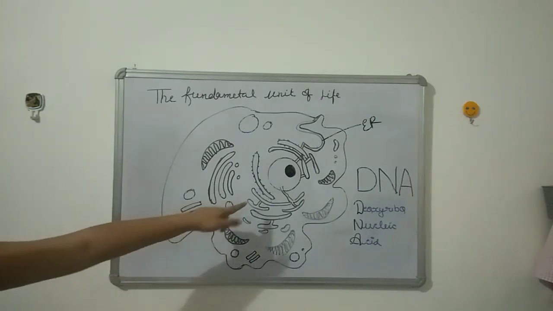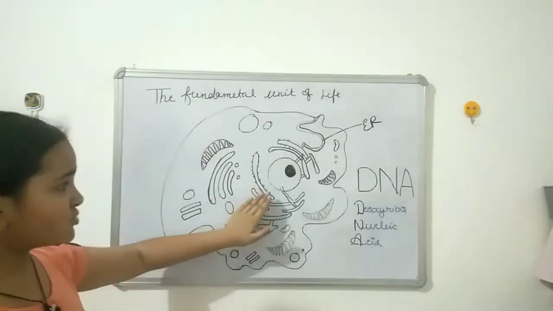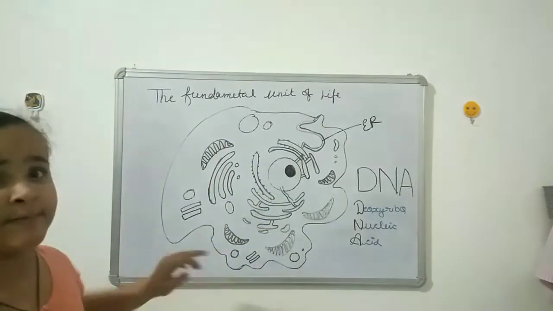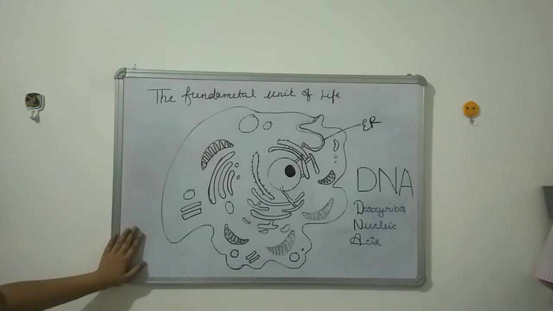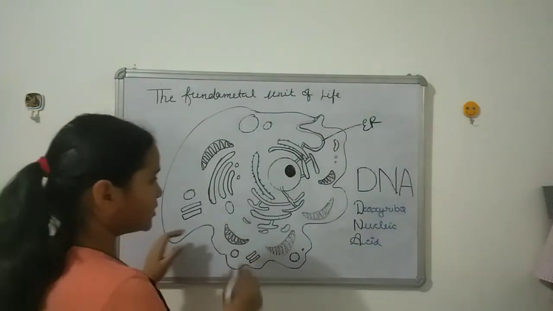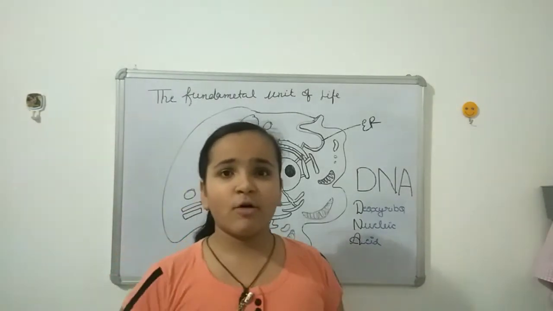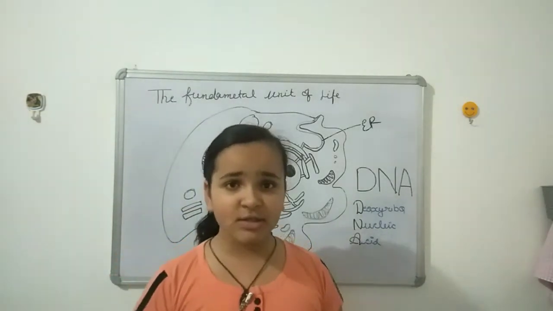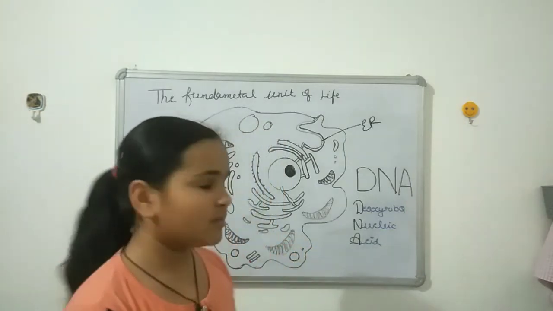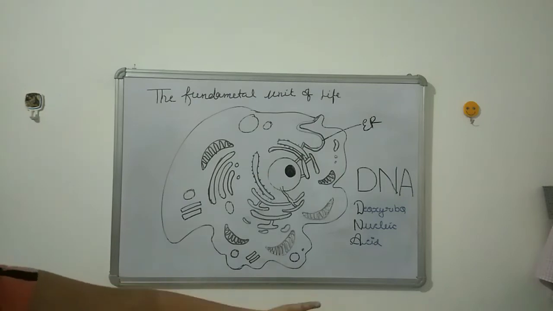And proteins form a lattice for different cell functions to be placed. So this was the first cell organelle.